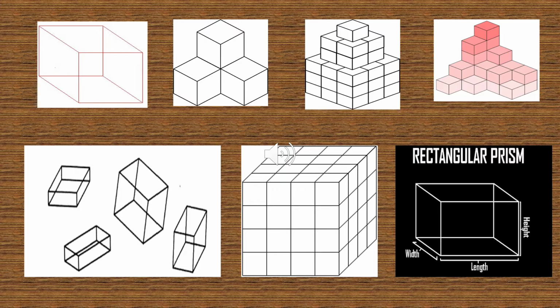The basic difference between a cube and a cuboid is that a cube has equal length, height and breadth, whereas in the cuboid these three may or may not be the same. The cuboid can also be called a right rectangular prism.